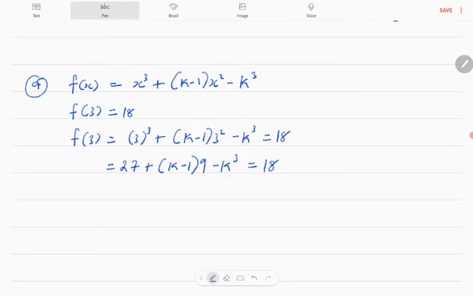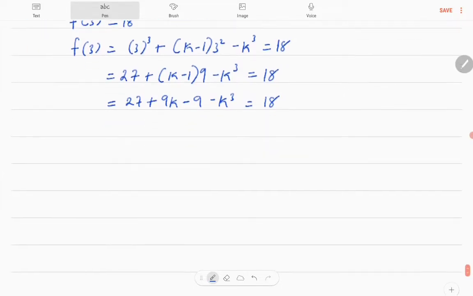And of course when you expand this, you have 27 + 9k − 9 − k³ equals 18.